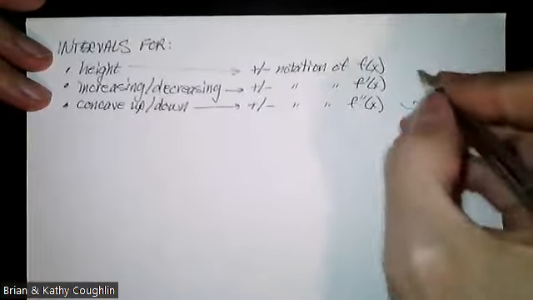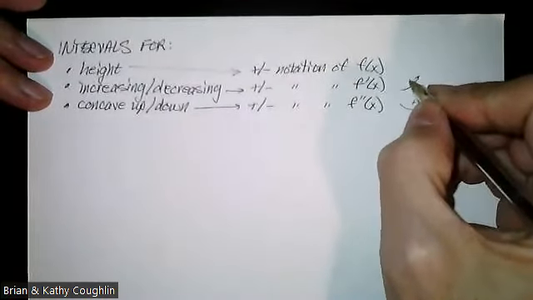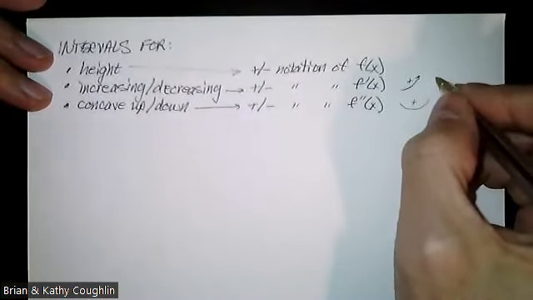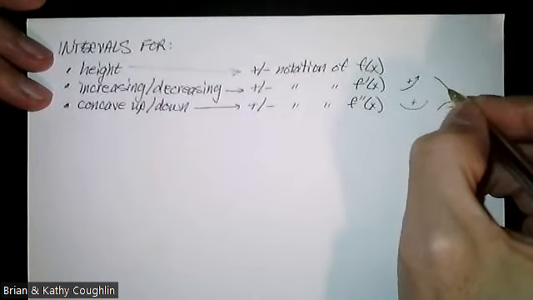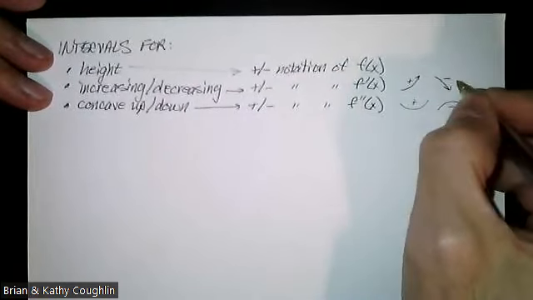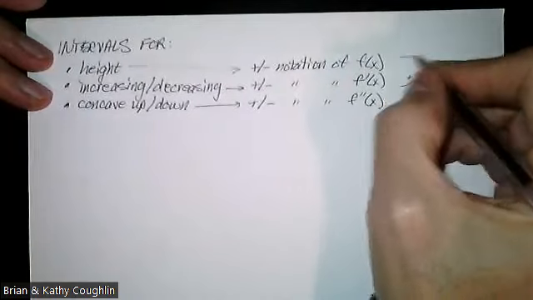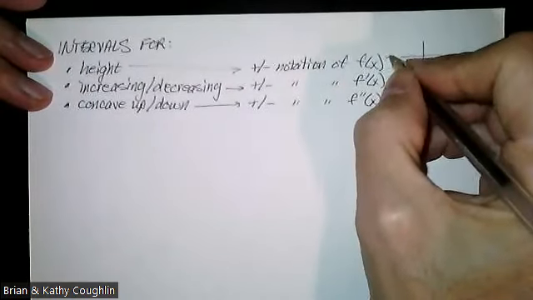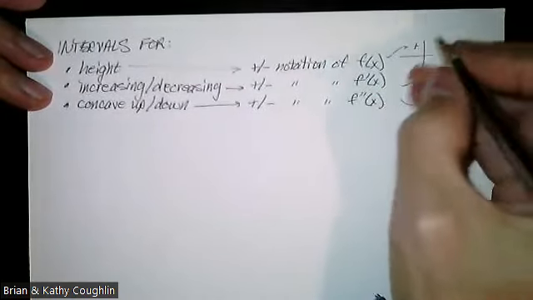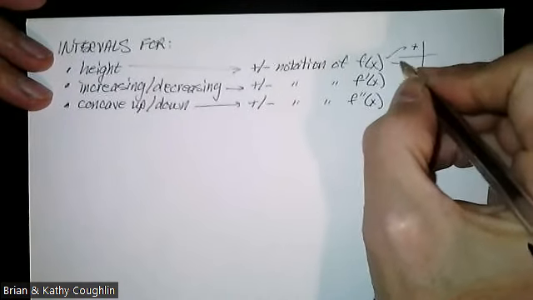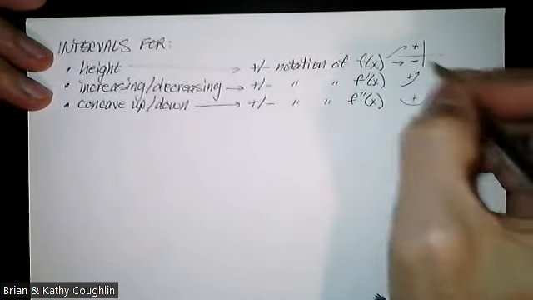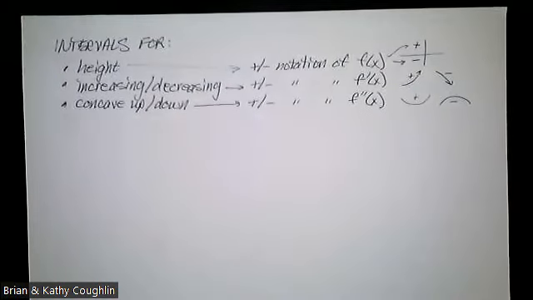Does that make sense? So here, sloping up and then sloping down would be positive and negative first derivative. And then above the x-axis is positive for height, and below the x-axis is negative for height. Does that kind of make sense? So that's kind of a summary of the first part of the chapter.